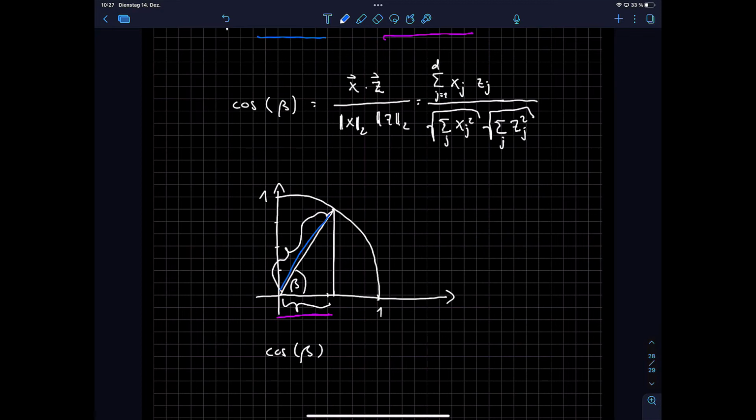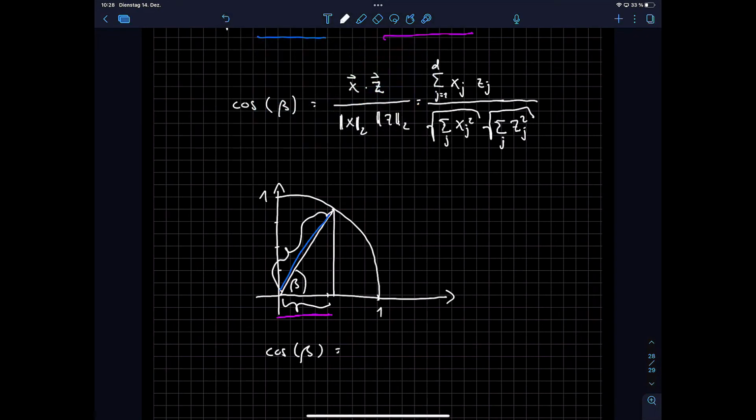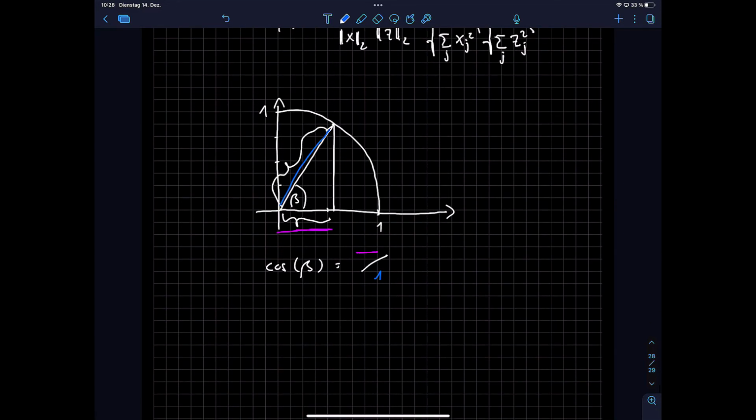Whatever the length of the purple line is at the moment, it is divided by the length of the blue line, and that is 1 here, and that is the cosine. So the sharper the angle gets, the higher the cosine is. Let's just delete this.